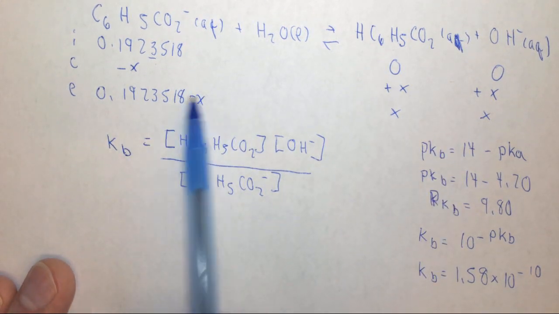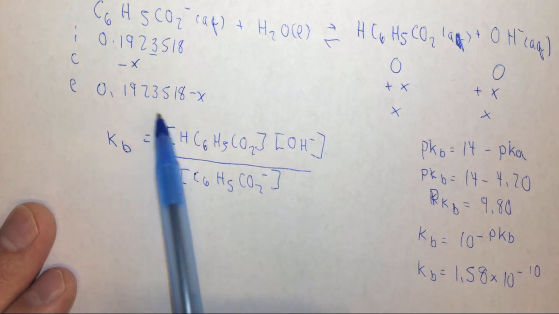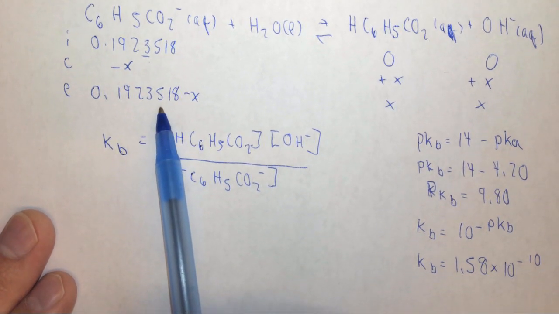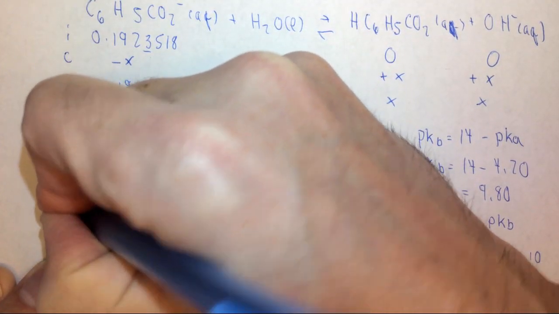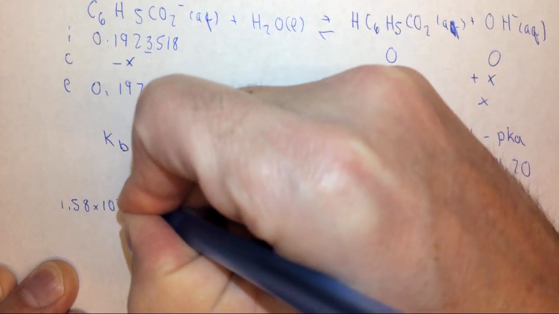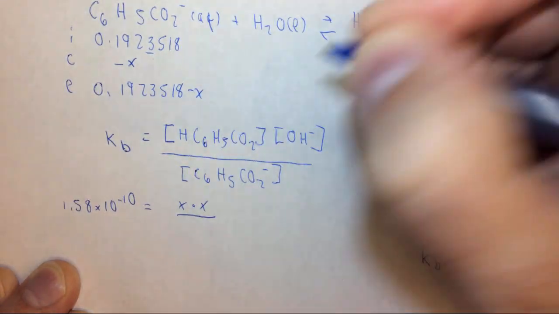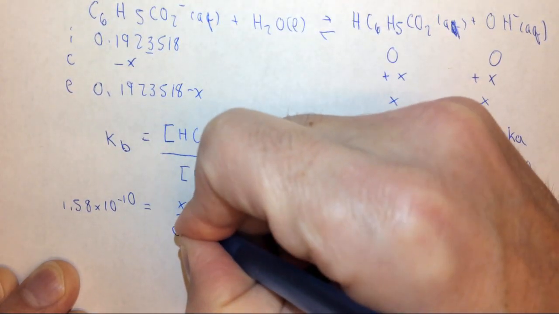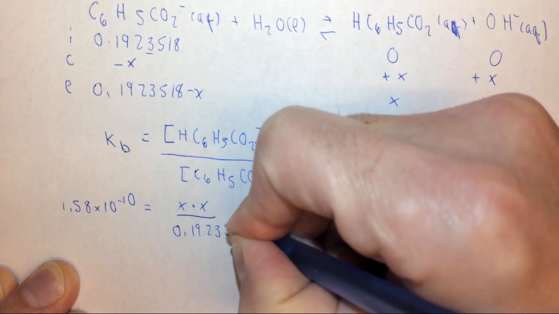We're going to assume here that X is very small as compared to the concentration of this, which in all the examples I saw was a valid assumption. So now we're going to plug into this equation. 1.58 times 10 to the minus 10 equals X times X over 0.1923518.